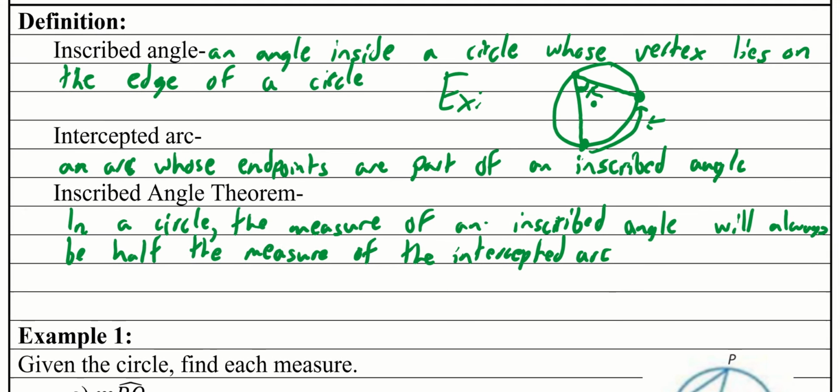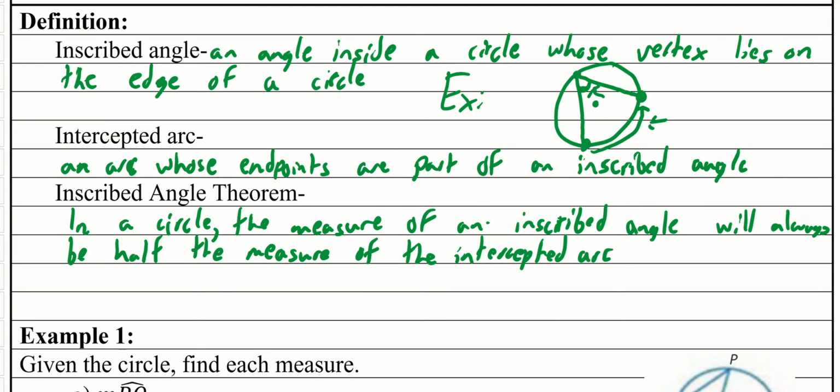Okay, in a circle, the measure of an inscribed angle is always going to be exactly 1/2 of an intercepted arc. So for example here, if we're using this picture that we drew earlier, we could just keep it simple. We could say points A, B, and C here. So notice the inscribed angle, we could just call A, and then the intercepted arc is arc BC.